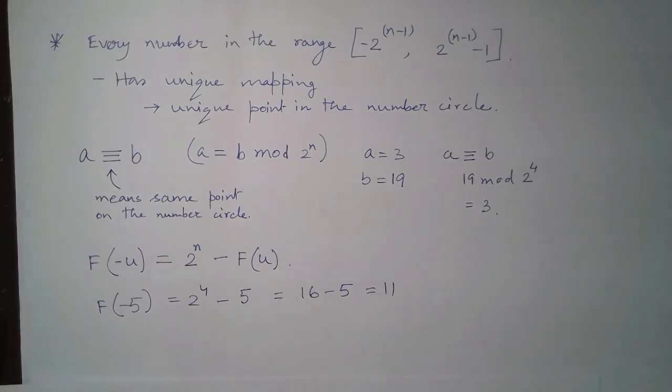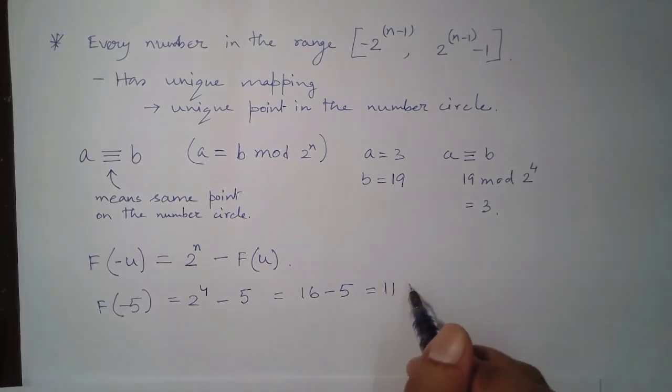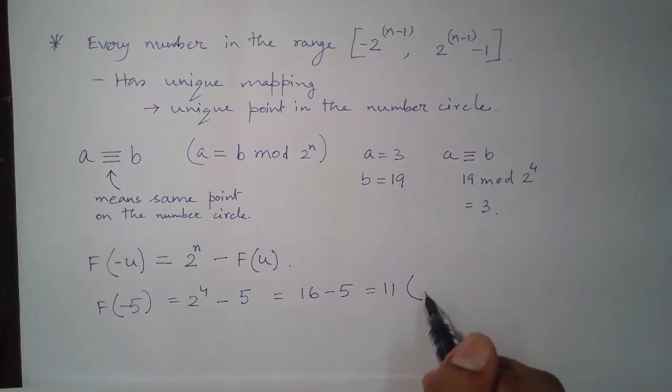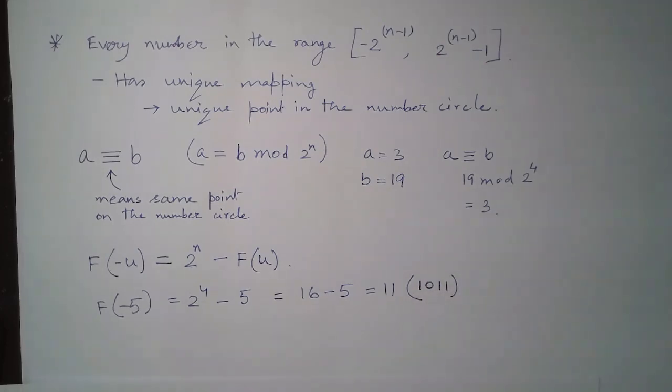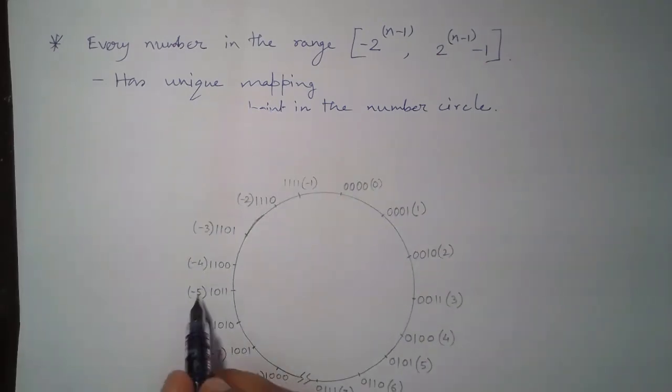And if you look at the number circle, 11 is represented as 1011, and that is the representation of minus 5 on the number circle.